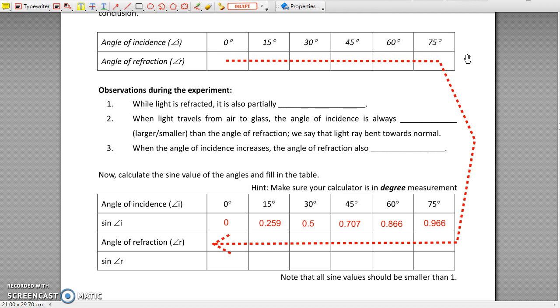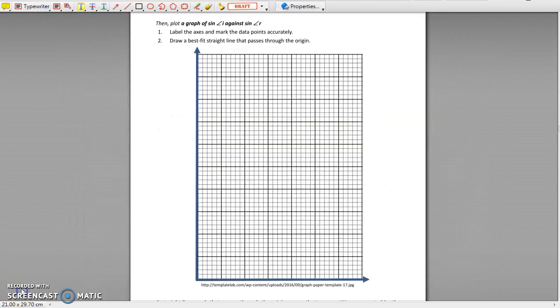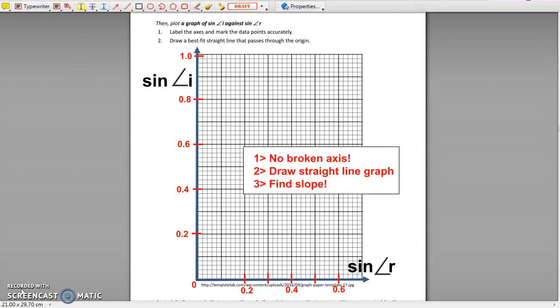After all the measurements, find the sine values of all the angles. Fill in the table using a calculator. Lastly, plot a graph of sine angle I against sine angle R. It should be a straight line through the origin.